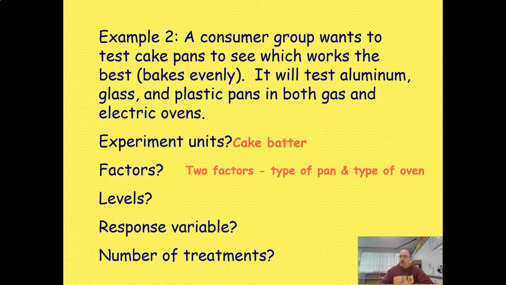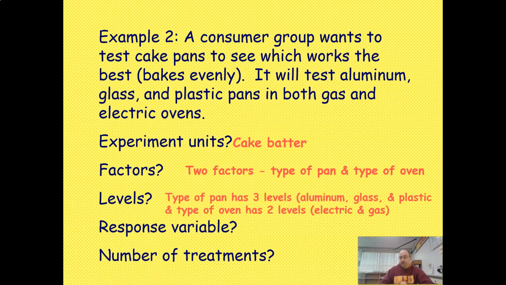There's 2 of them. Type of pan and type of oven. Levels. Well, there's 3 levels for the pans because there's aluminum, glass, and plastic, and there's 2 levels for the oven, electric and gas. What's the response? What are we measuring? How evenly the cake bakes.